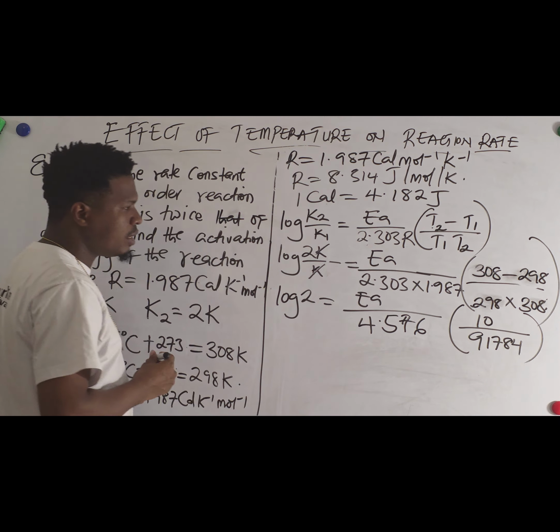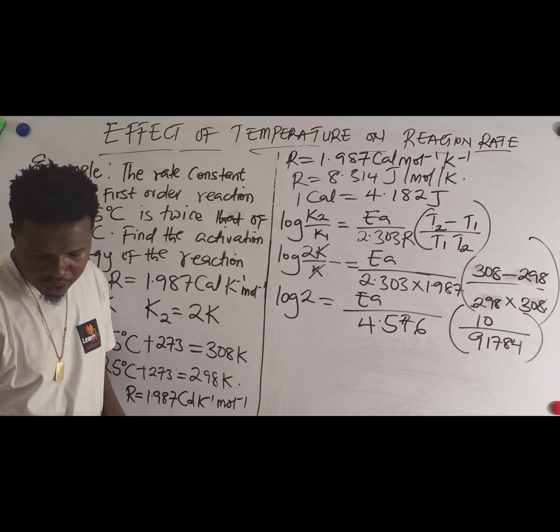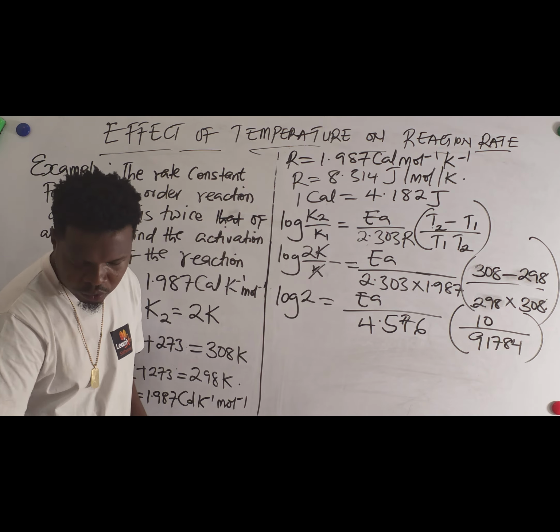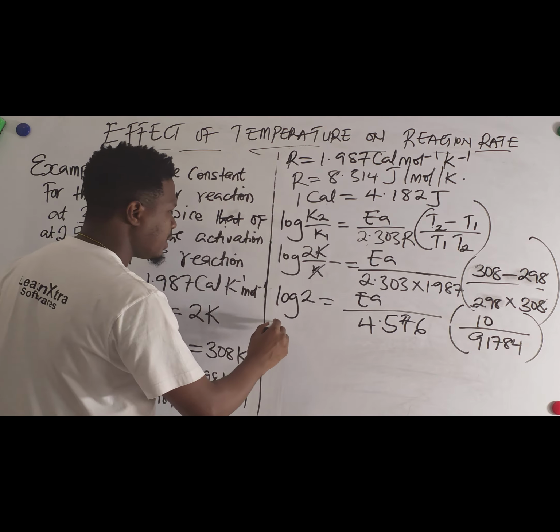Okay, so we'll proceed. So you simplify this, you simplify that, and then also divide it with this. If you simplify this and divide it with this, you have that log 2.